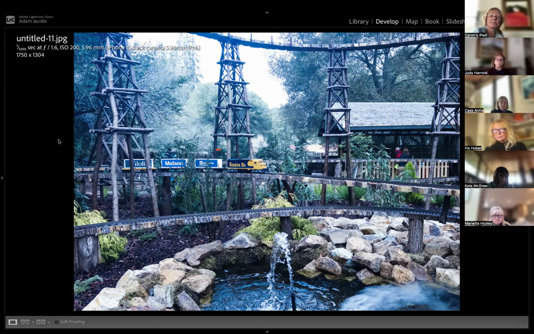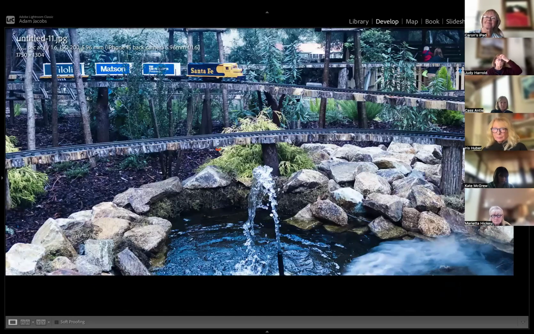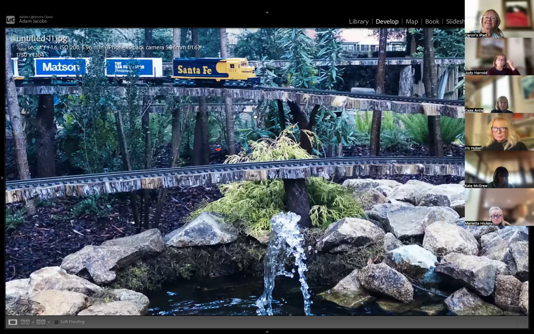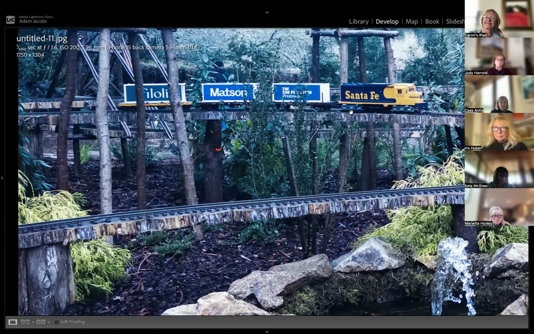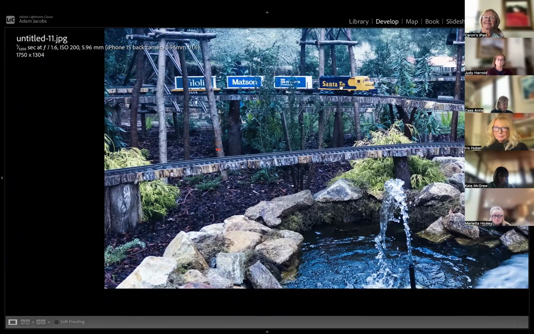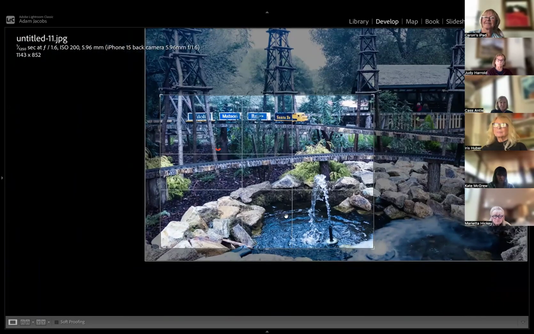But Isabella, it's a good one because you had two things moving here. You had the fountain and you had the train. And you can see how crisp everything is. Look at the train, you can read every word on the carriage. It looks like it's still, whereas I'm sure it wasn't. To be honest, you could probably even crop down on this, just go to like here.